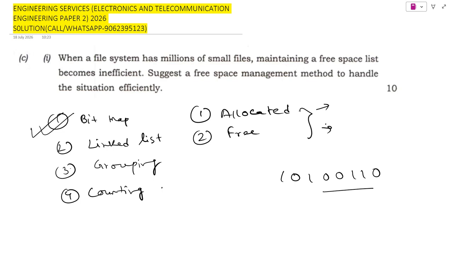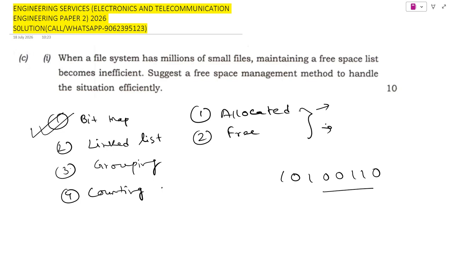In this method, each disk block is represented by a single bit indicating whether it is free or allocated. The operating system can efficiently scan the bitmap to locate single or contiguous free blocks, resulting in faster allocation, reduced overhead, and better scalability for large file systems with millions of small files.